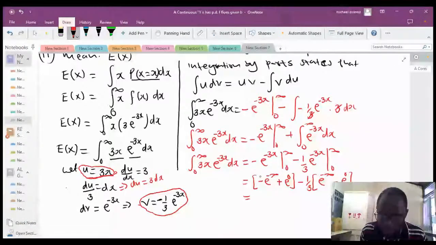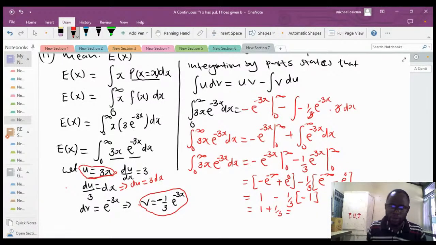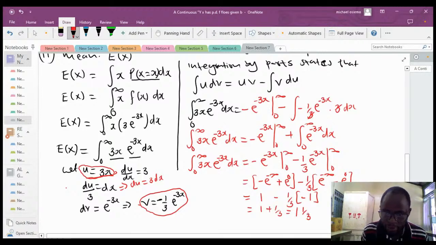So we shall have 1 minus this other bracket. Exponential raised to the power negative infinity is 0, so it will be negative 1. And so this one here will be equal to 1 plus a third, and 1 plus a third is the same as 1 and a third.